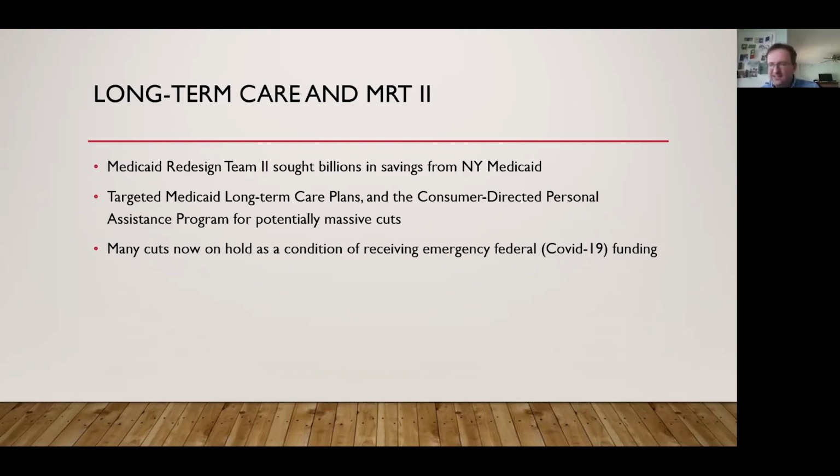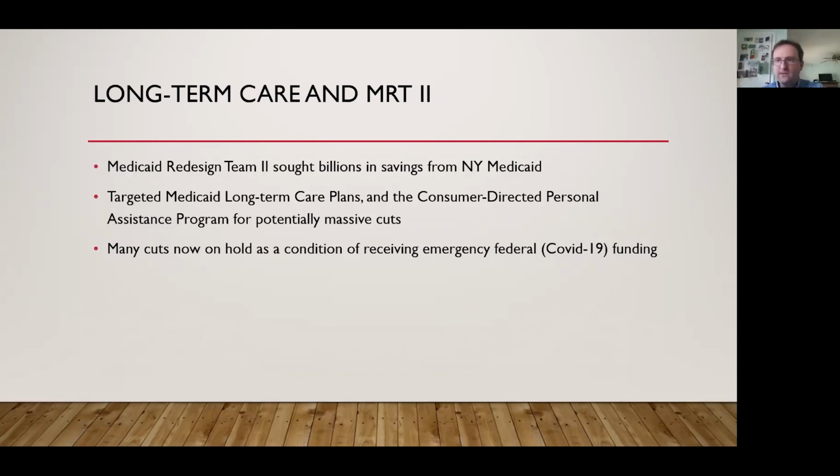Recently, just on the eve of the COVID-19 pandemic, the first wave here in New York, some of you may have heard of the Medicaid Redesign Team, or MRT2, that was convened. Basically a team that the governor put together to try to squeeze savings out of the Medicaid program.